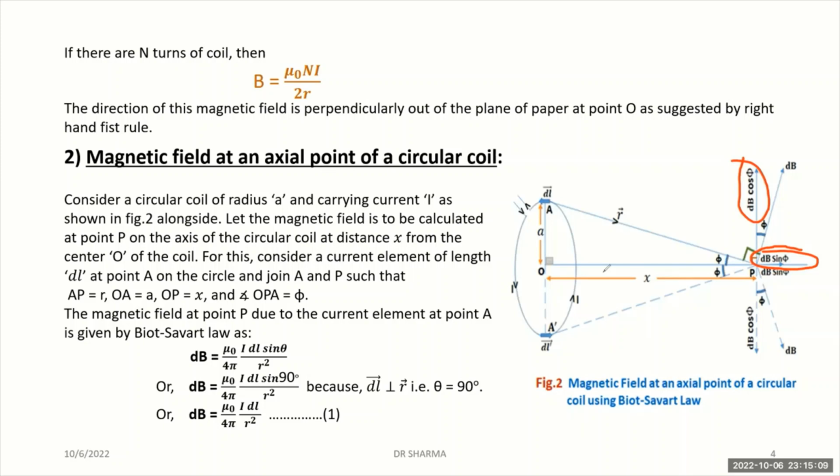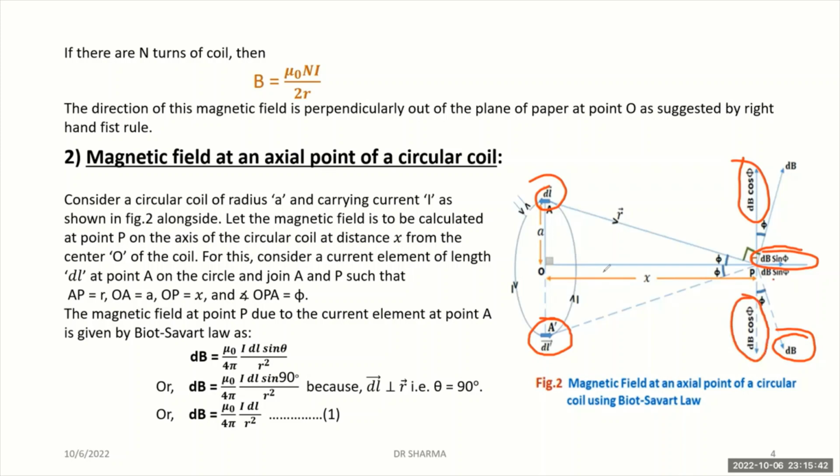If we consider the current element at a point diametrically opposite on the circumference of the circle, the magnitude of elemental flux density will be the same, and the vertical component of that elemental flux density will have the same magnitude but opposite direction.